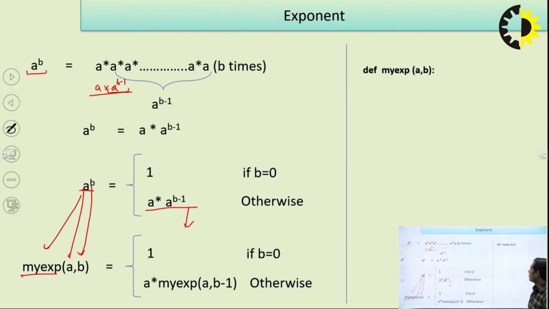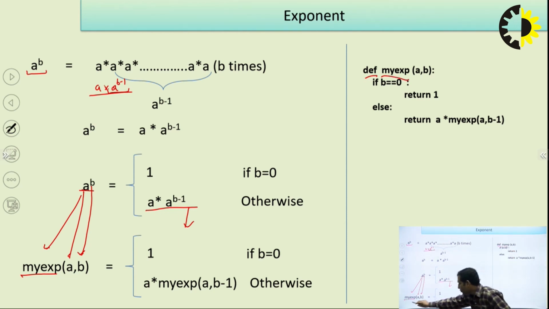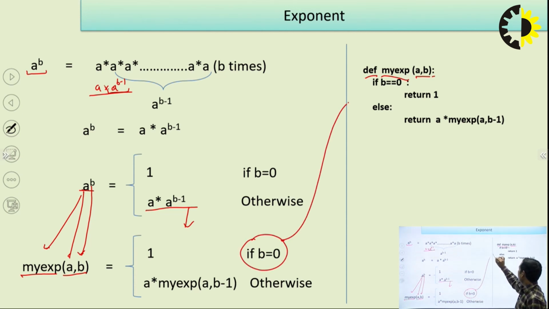In Python programming, we write the function by using def, give the name of the function my exp, my exponent, and the parameters are a and b, then place the colon. Now the body part of this function: if b equals 0, first the base case. For comparison we use the double equal to sign, and single equal to sign for assignment.